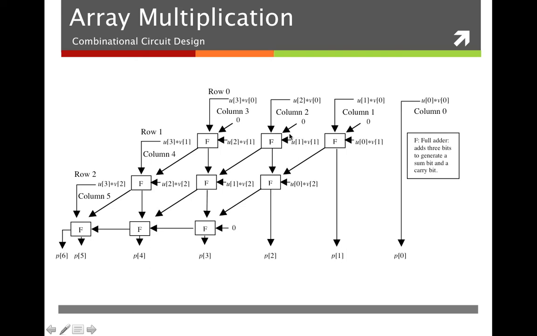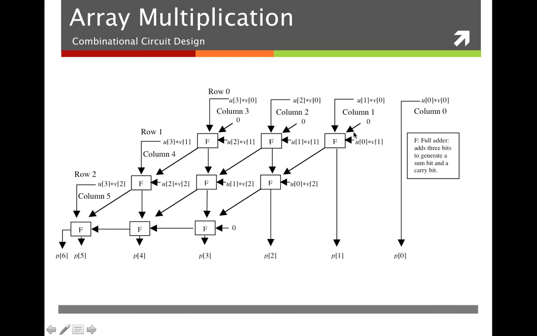And as you notice, the way the structure is indicated here, we can maybe say that the diagonal paths are the carries, and the operands, the products that really constitute the product of the multiplicand and multiplier bits, come in as one of the two bits to each of these full adders.